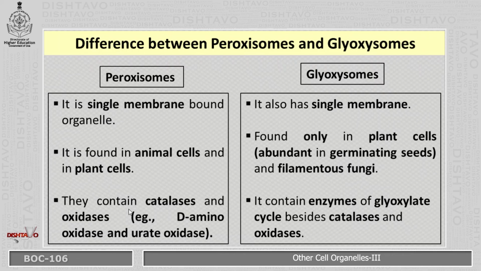Peroxisomes contain catalases and oxidases, for example D-amino oxidase and urate oxidase. Whereas glyoxysome contains enzymes of the glyoxylate cycle besides catalases and oxidases.